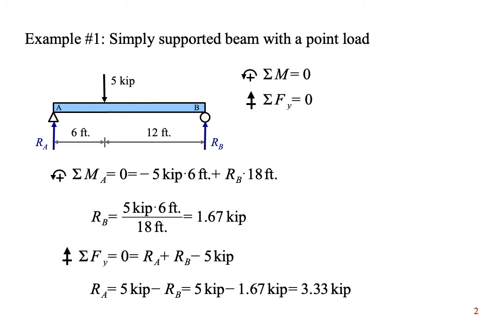The result is 3.33 kips. After solving for the reaction forces, it's a good idea to check if the answers actually make sense. Since the point load is closer to the left end of the beam, it makes sense that r sub a is bigger than r sub b.